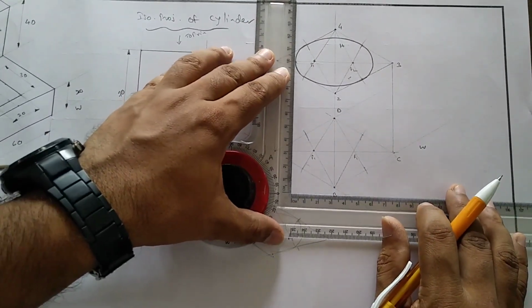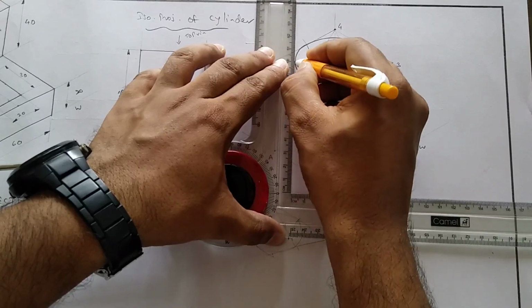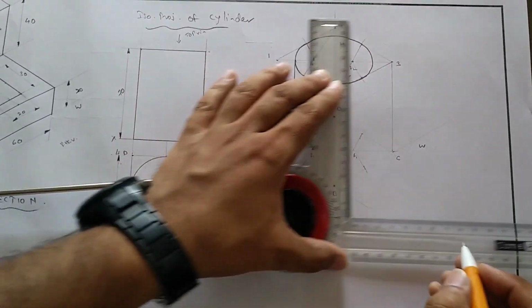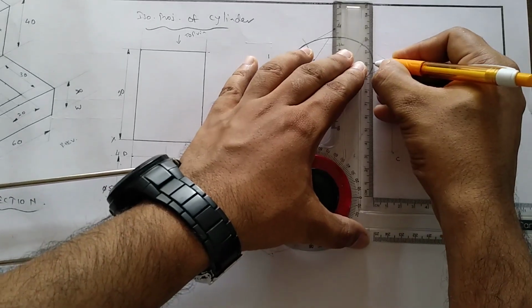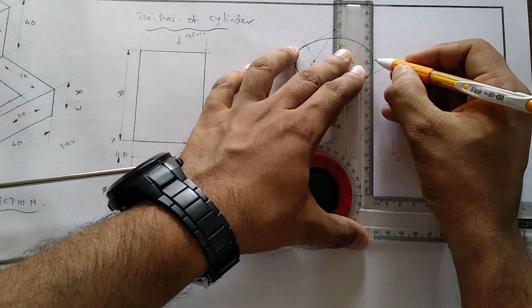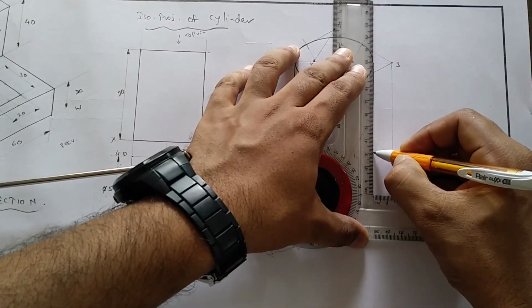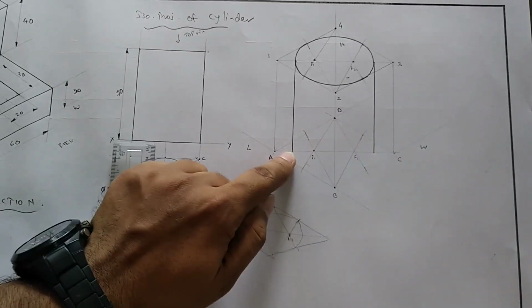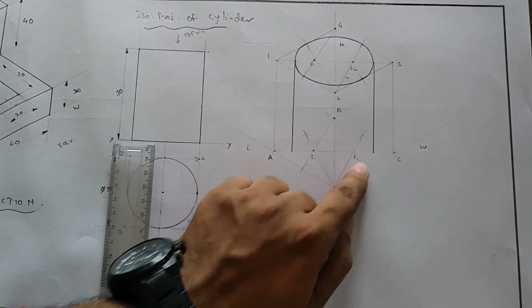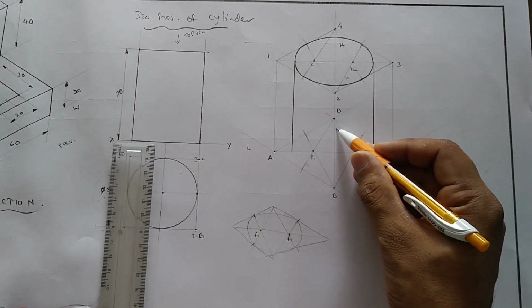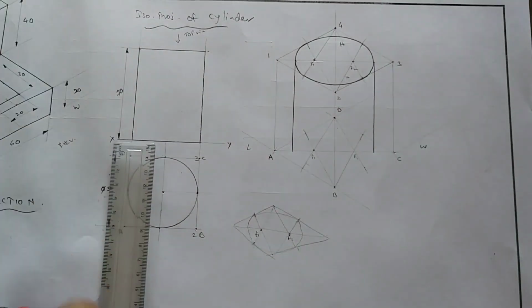I am drawing 70 from that. 100 to 30 here. 100 to 30 means up to this portion only your arc should be dark. This side should be hidden.